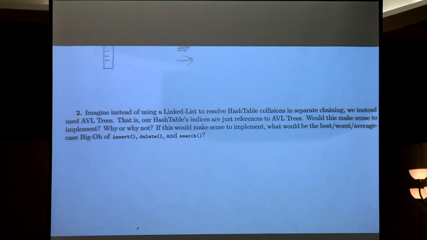No. So what would have been the big O of searching through an unsorted linked list? Also order n. But which order n do you think is better? The sorted one. Because actually, if you think about it, on average, you're going to always go halfway through the list if it's sorted.